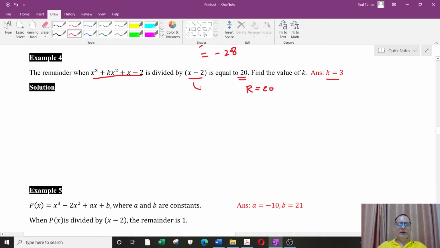Our a value, x minus a, is 2. So that's telling us if you put 2 into your polynomial, you'll get the remainder, and we know the remainder is 20, that's given. We want to find the value of k. Okay, so we'll take our 2 and substitute it for x.